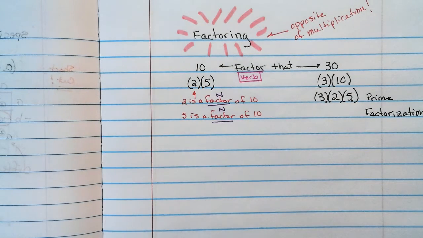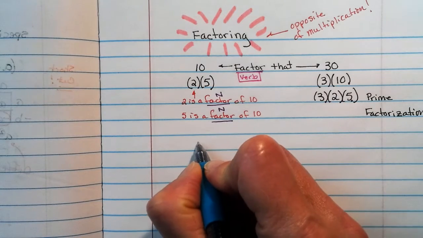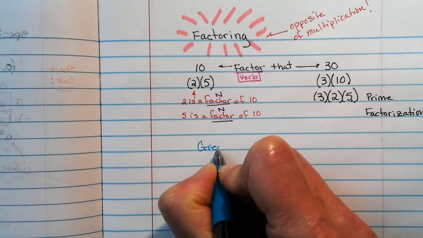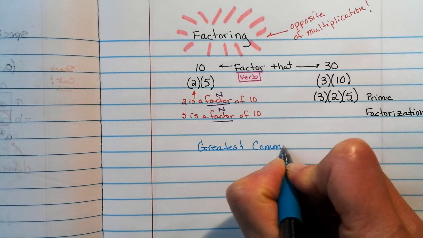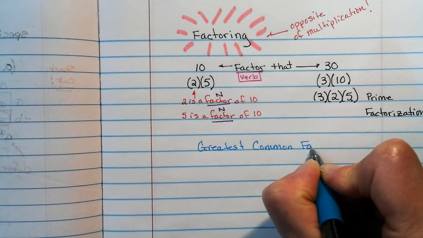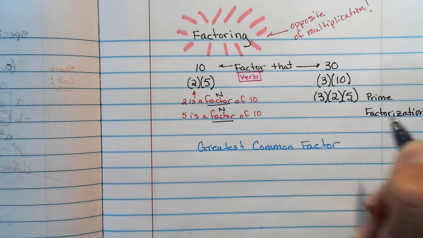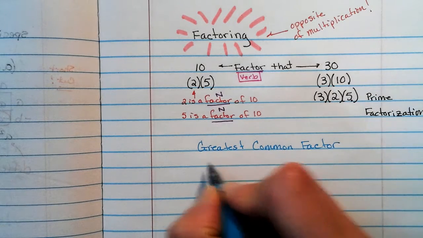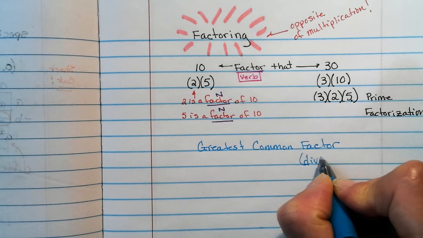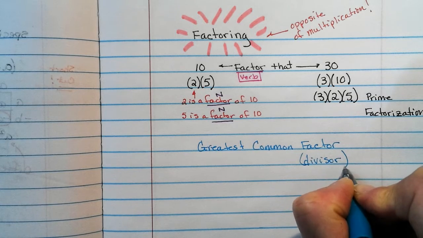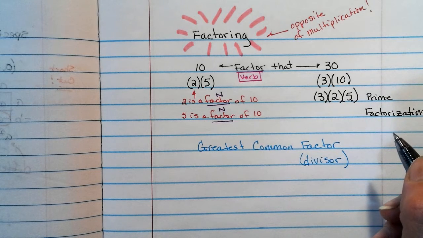Okay, so then that's just factoring. I'm asking for the factors of a number. But if I ask you for this, the greatest common factor, okay, it also could be called the greatest common divisor in your calculator, the thing that you divide by.